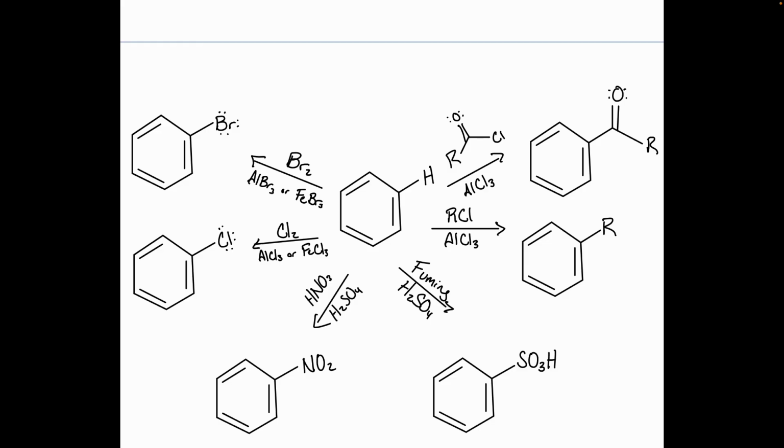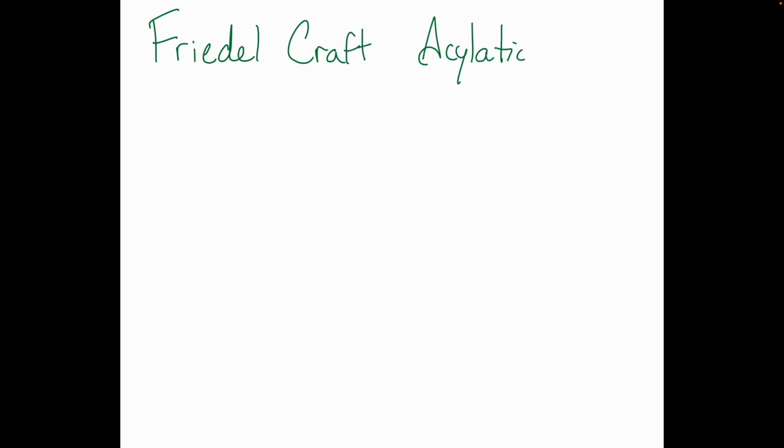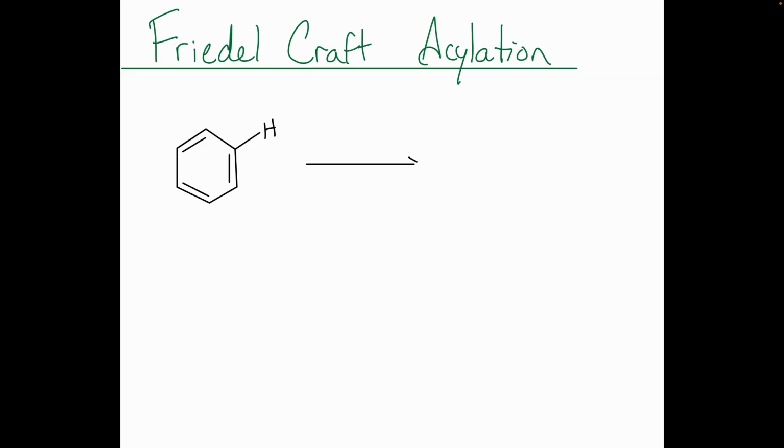All right, this is another Friedel-Crafts reaction, but what's called a Friedel-Crafts acylation. And again, we can have any number of carbons here, but importantly, that halogen is now attached to a carbonyl carbon. So we have what we call an acyl halide.